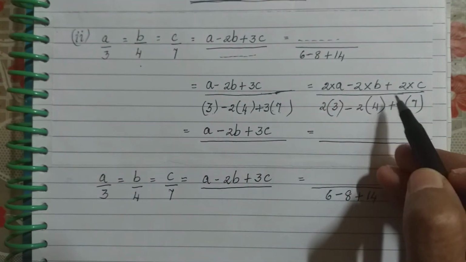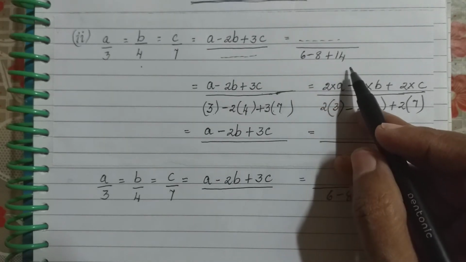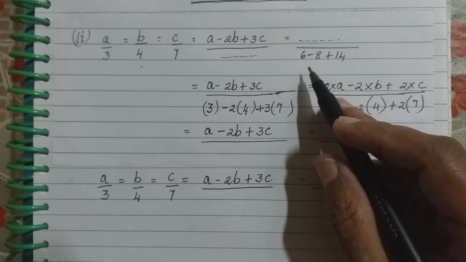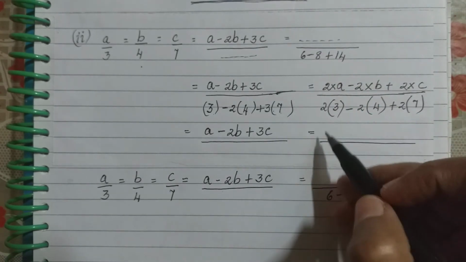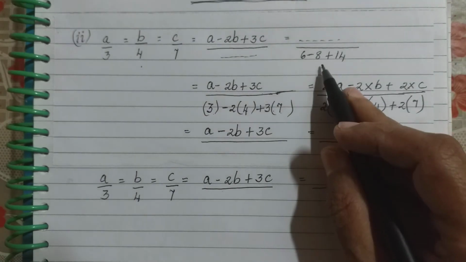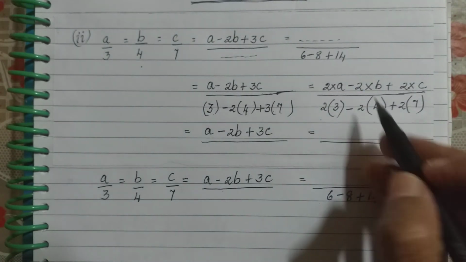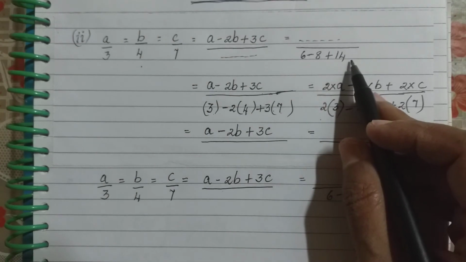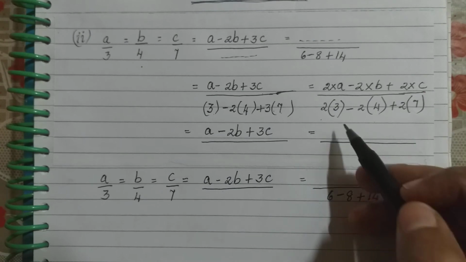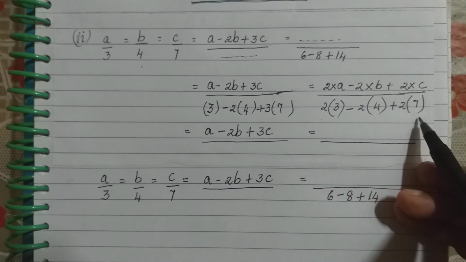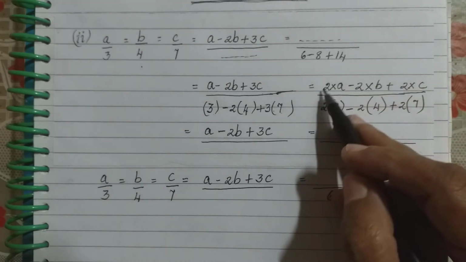Now you look here, we have here 6 minus 8 plus 14. Now if I take 2 common in all this, 6 will be 2 into 3. If I take 2 common out, this will be 2 into 4. And if I take 2 common in 14, it will be 2 into 7. So in all these we see that 2 is a common multiple. So what will be the numerator?